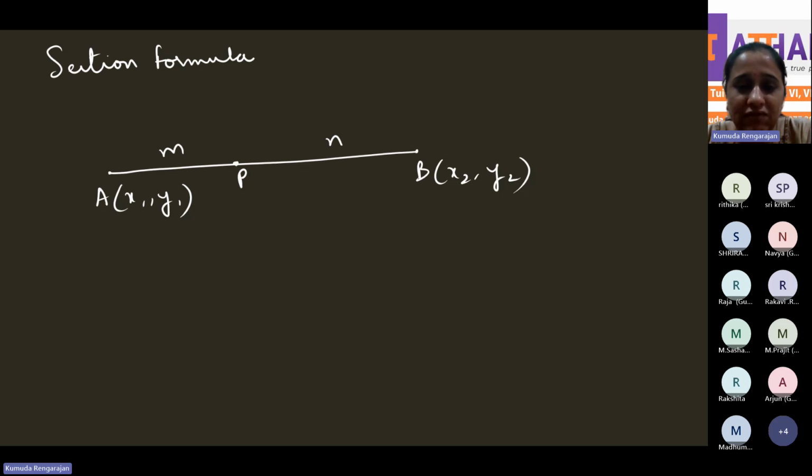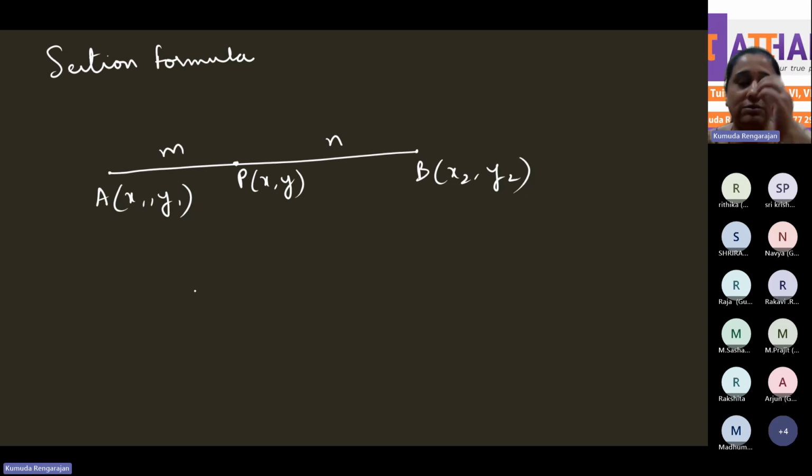The direct use of the section formula is to find the coordinates of the point of division P, normally given by x, y.